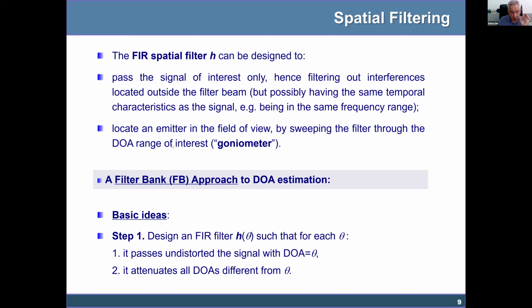So what is called the filter bank approach to direction of arrival estimation basically relies on 3 steps. The first step is to design the filter H in the way I told you before.